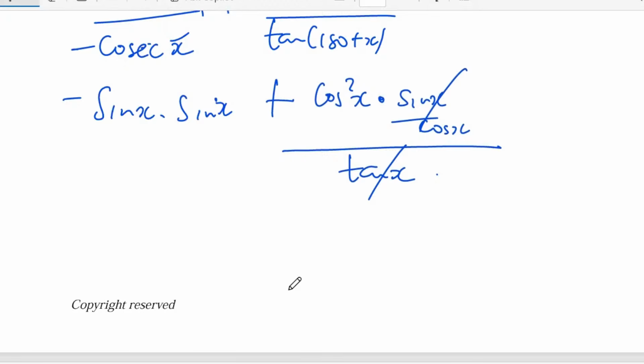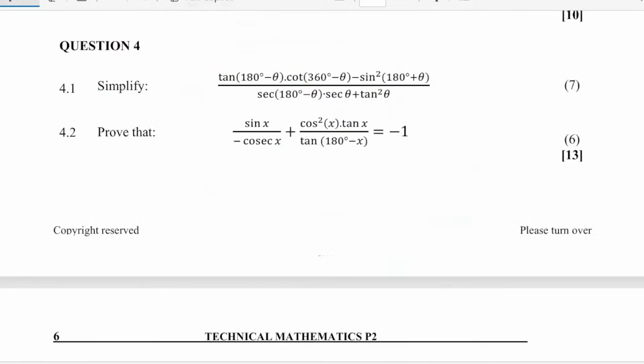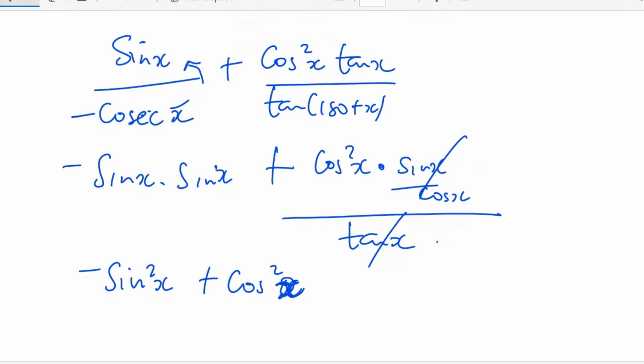Okay, then we have, this is going to be negative sine squared x plus the cos squared x. Something doesn't add up. What did I do wrong? Please cancel this. That was a plus. This is a negative. Oh, the answer is negative 1. Okay, it makes sense there.